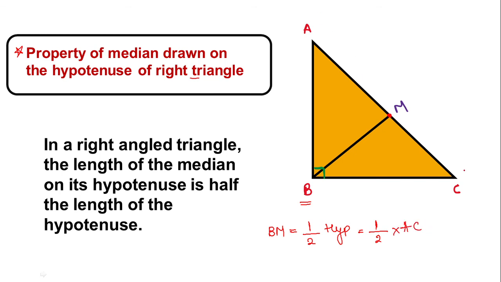Suppose AC is 10 centimeter, then BM is going to be 5 centimeter. This is the property of the median drawn on the hypotenuse of a right triangle.